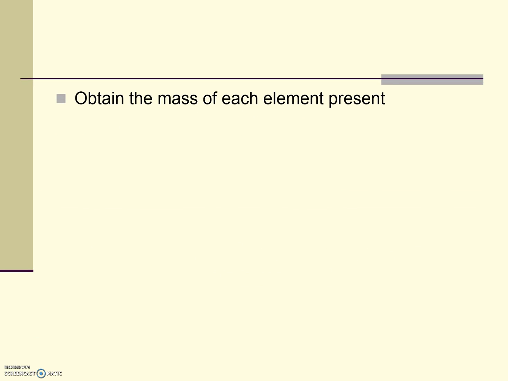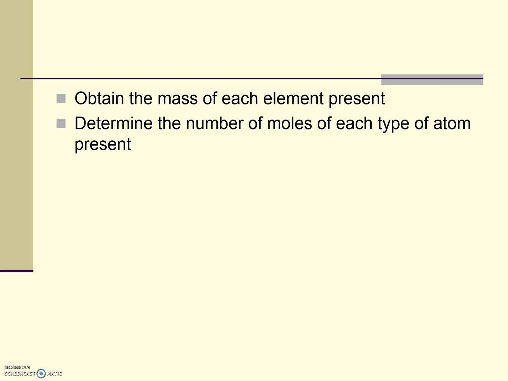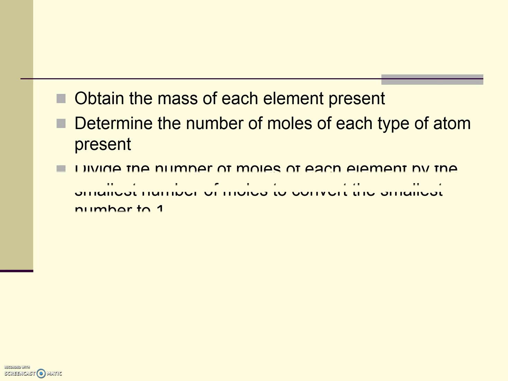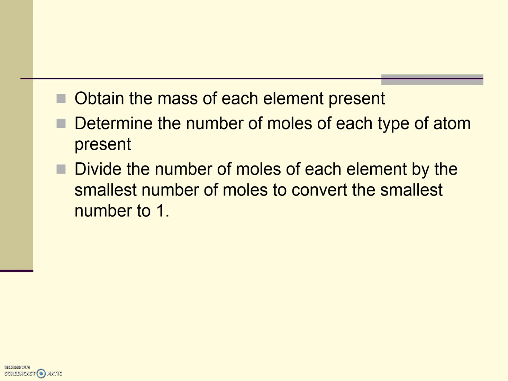So you need to first obtain the mass of each element present. And so you have to see how many grams you have of these elements. So you're going to go through these steps and write this down, and then we're going to go through several examples. You're going to determine the number of moles of each type of atom present. You're going to then divide the number of moles of each element by the smallest number of moles to convert the smallest number to 1.